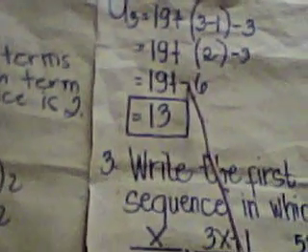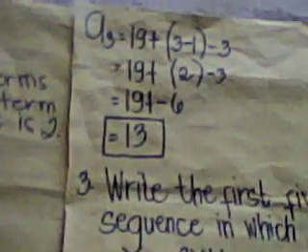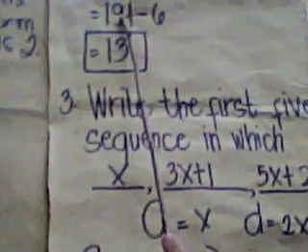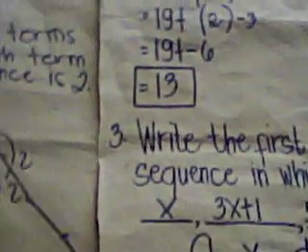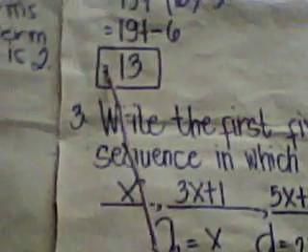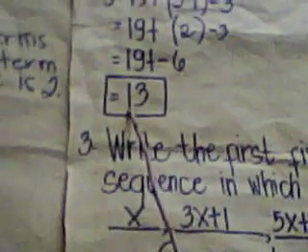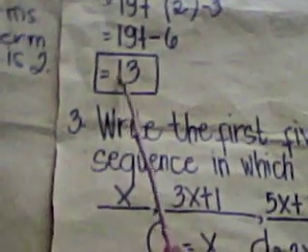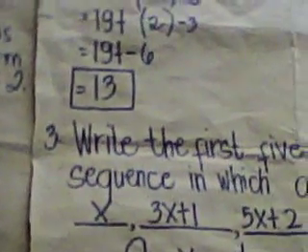Positive plus negative gives a negative sign. And our third term is 13.